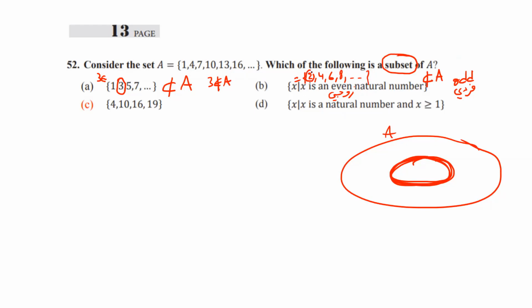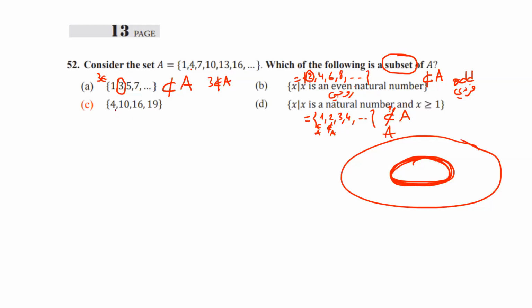For example, this element is an even natural number, but it is not an element of A. This next set is x is a natural number and x larger or equal 1, which means the set is 1, 2, 3, 4, and so on. Is it a subset of A? 1 is in A, but 2 is not an element of A. So this is not a subset of A either.